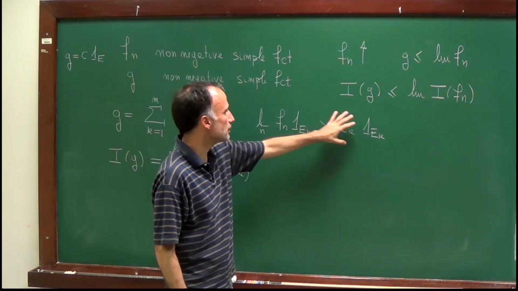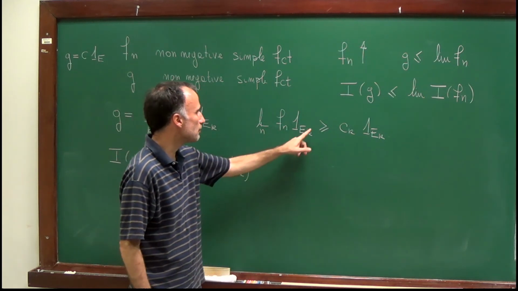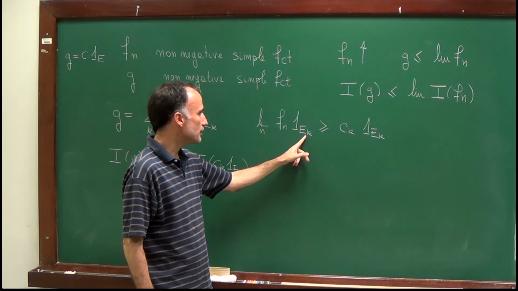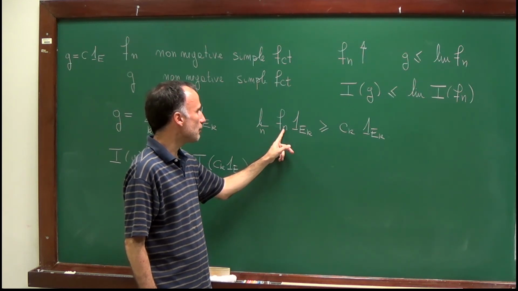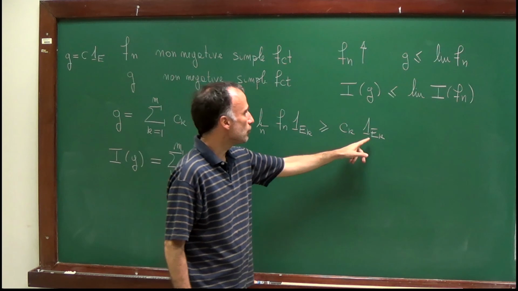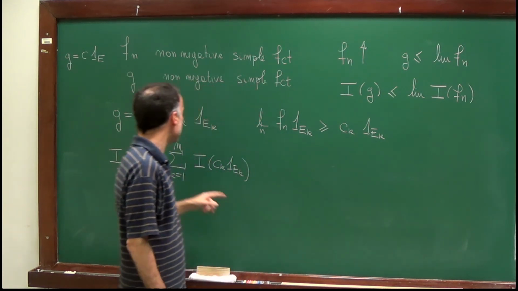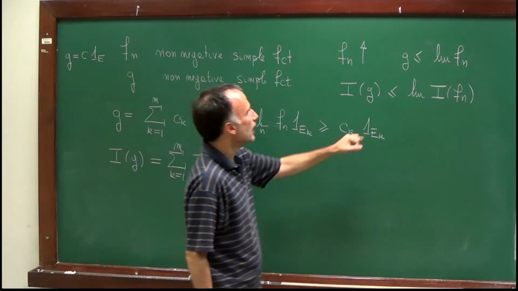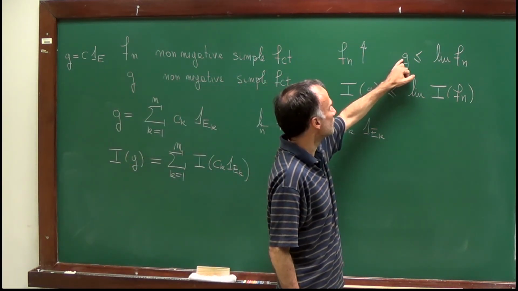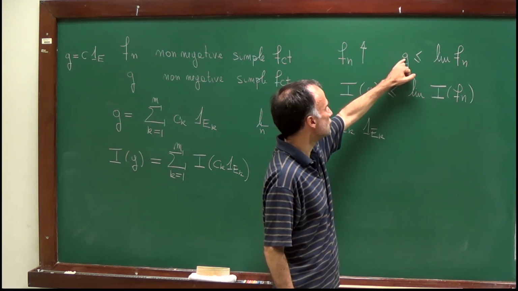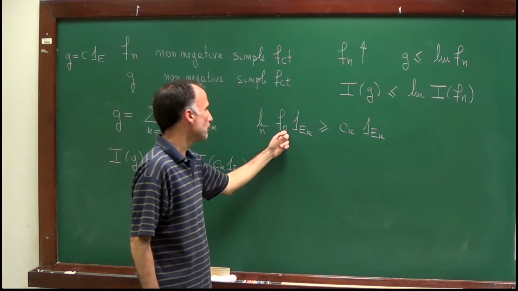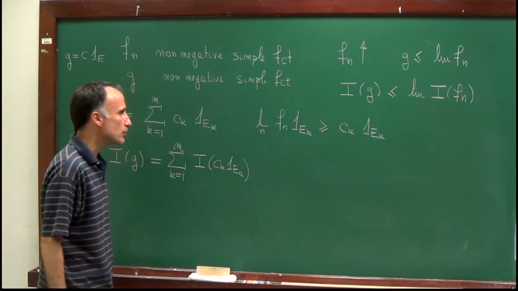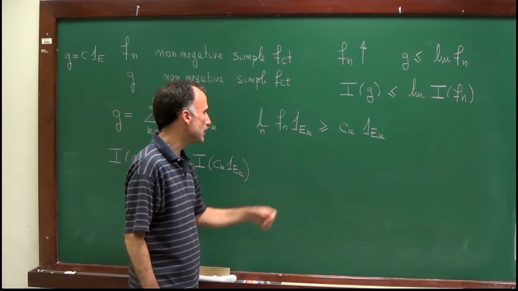If it doesn't, it's 0 and 0, there is nothing to prove. So let's take now a point in ek. On the left hand side we have the limit of fn(x), and on the right hand side we have ck. But ck is the value of g on the set ek. So we know that in this case ck, which is g, is bounded by the limit of fn, and therefore this inequality holds for points x in ek.